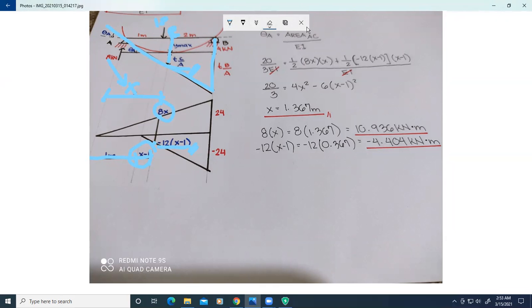So doing that, we can solve for the value of X by using this formula. Theta A is equal to area AC, area from A to C over EI. We have already solved theta A, so that's 20 over 3 EI. Then we just substitute 1 half 8x times x plus 1 half negative 12 times x minus 1 times x minus 1.